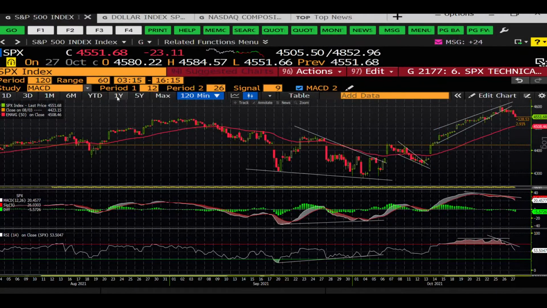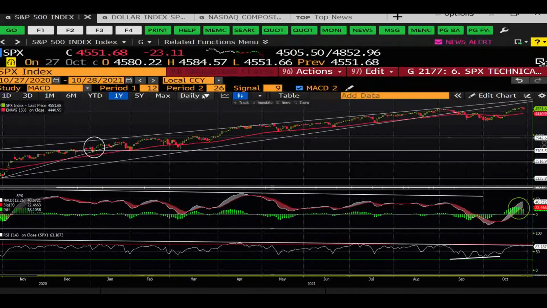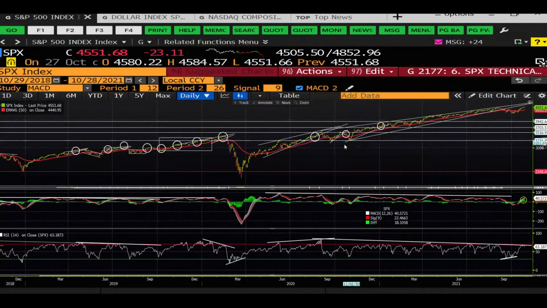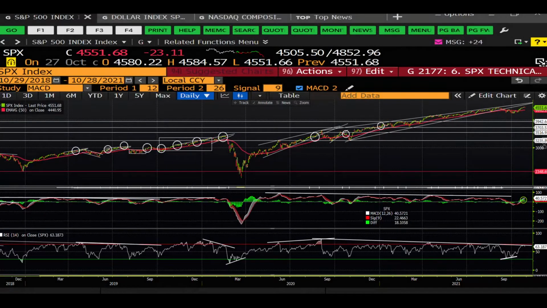Let's go to the daily chart and let me stretch this out. Let's do a 3-year daily chart. Okay, so you absolutely have a big rising wedge pattern in here with long-term divergences that aren't looking so good, right?